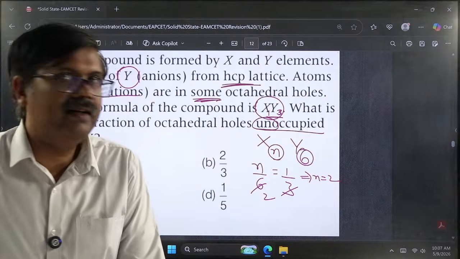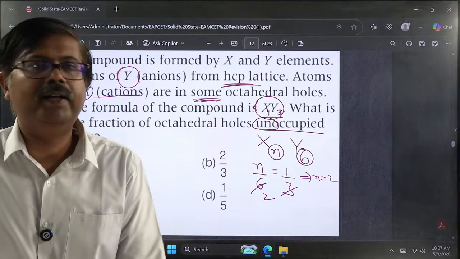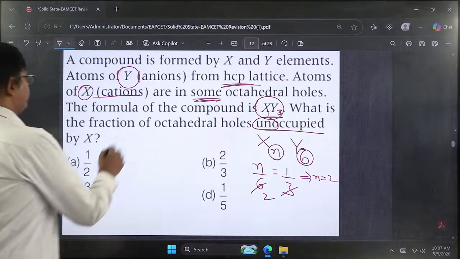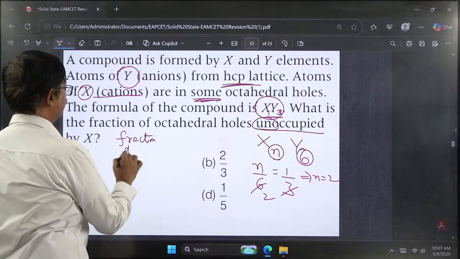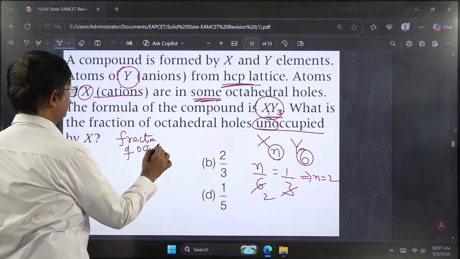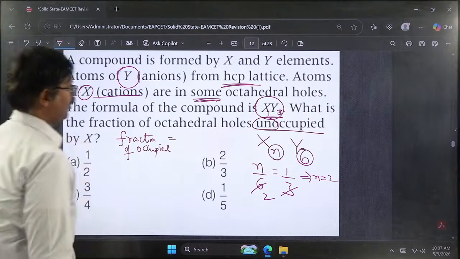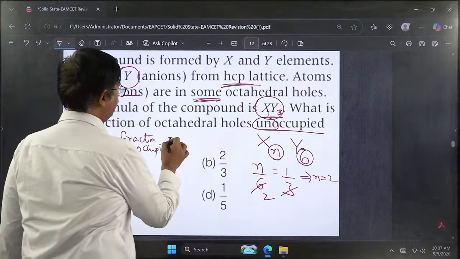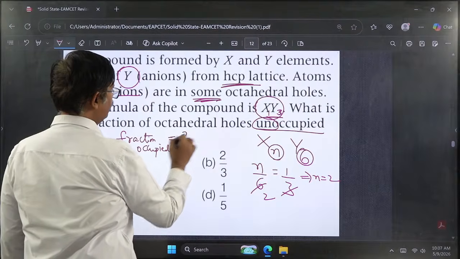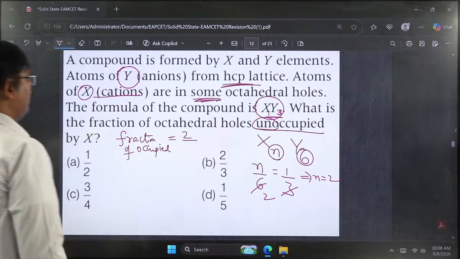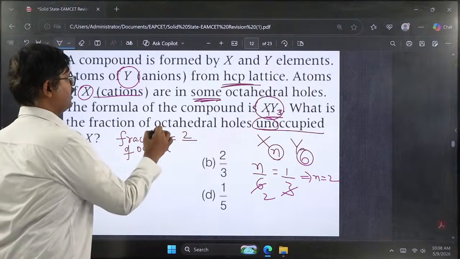Now let's calculate the fraction occupied. Here 2 atoms are there per unit cell. Fraction of octahedral voids I am calculating.